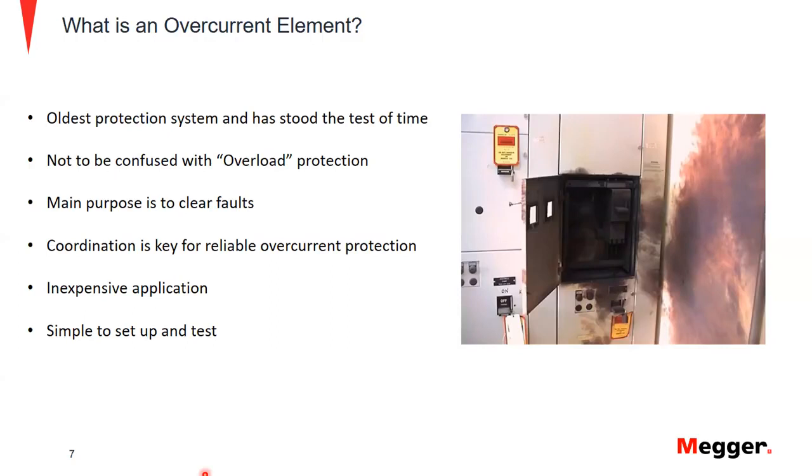So it generally operates instantaneously, or we have some type of time delay to coordinate the different types of faults depending on where they are in the system. It's also an inexpensive application, and very simple to set up and test, so it doesn't really take much to test an overcurrent. It's just getting the idea down.